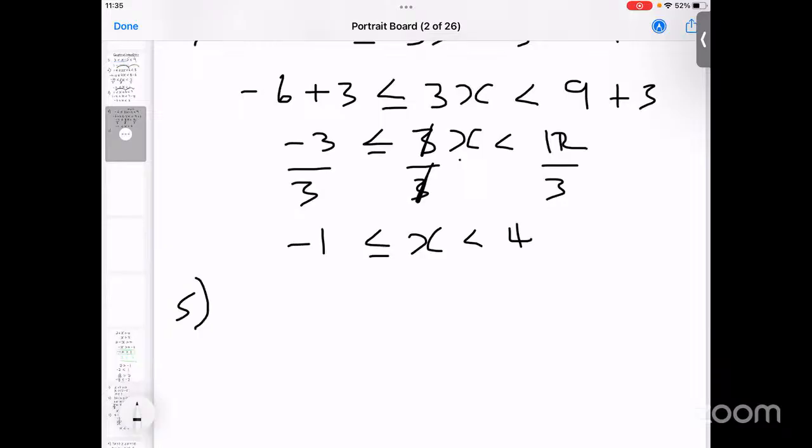Okay, let's say here you are having a 4, let's say less 2x maybe plus 2 less.